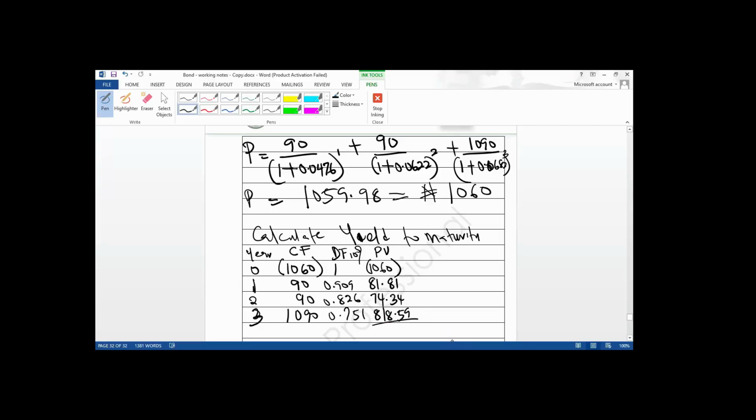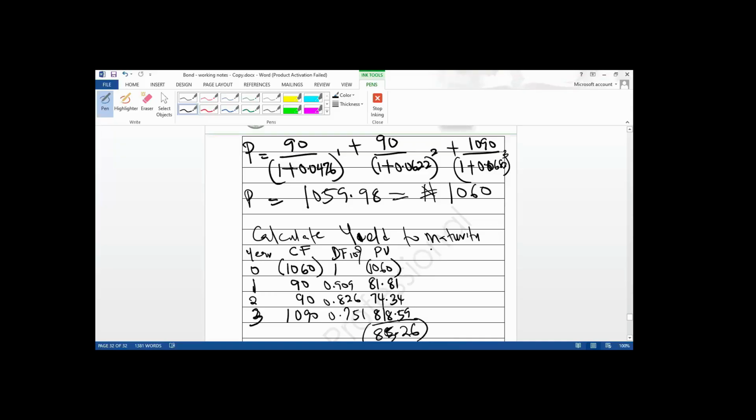Get the NPV. The NPV here is negative 85.26. At 10%, NPV is negative.